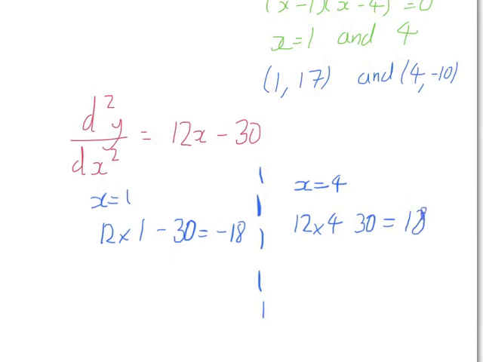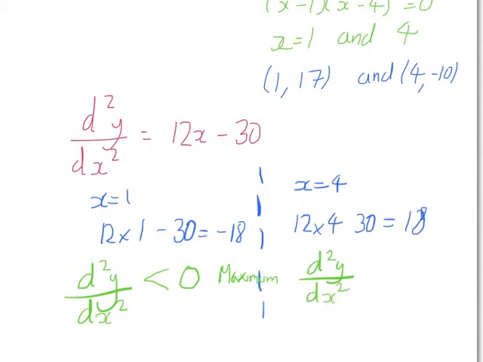Now what do these two values mean? Well, when you end up with a negative value for d squared y over dx squared, it means you're representing a maximum point. So if d squared y divided by dx squared is less than 0, you have a maximum point, and if d squared y divided by dx squared is greater than 0, you have a minimum.